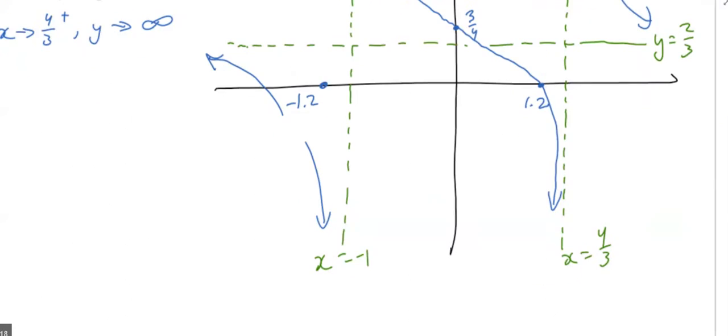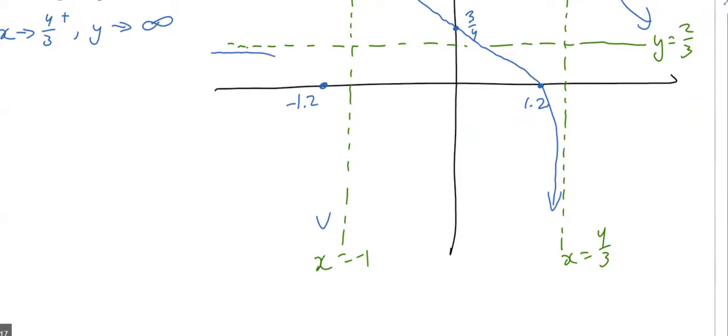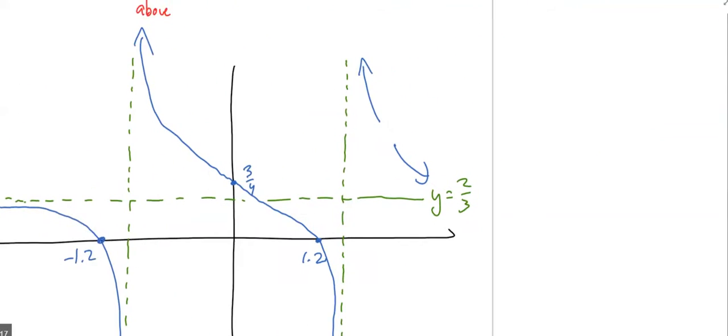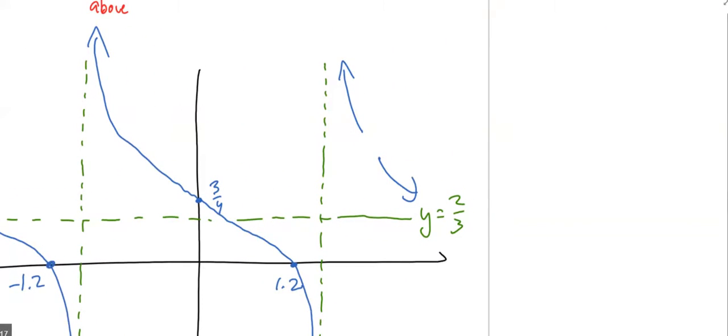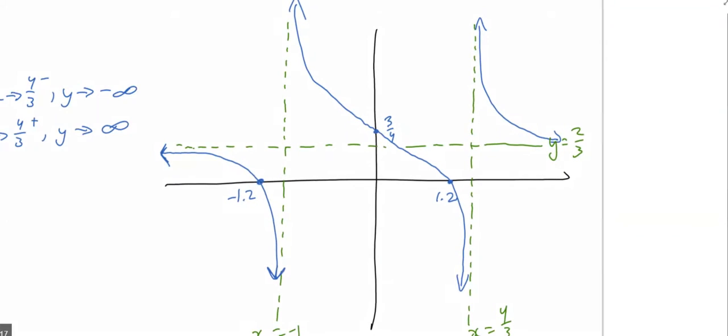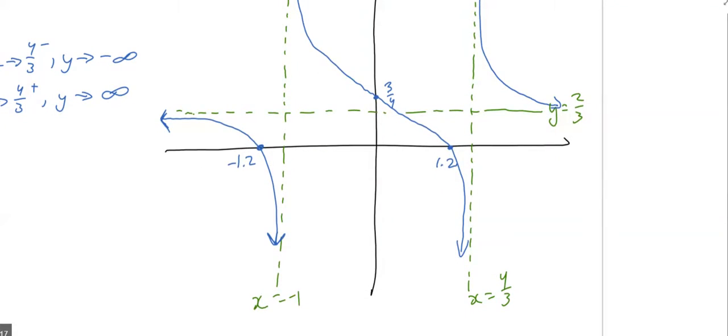And again, this makes sense because I've got an x-intercept there. And just check that everything's labeled. I've labeled my asymptotes. I've labeled my intercepts.